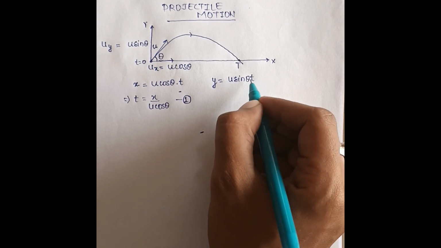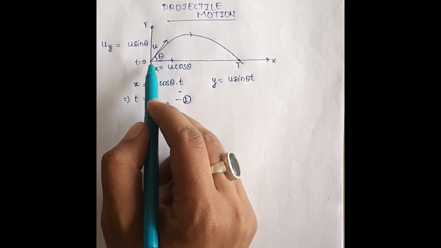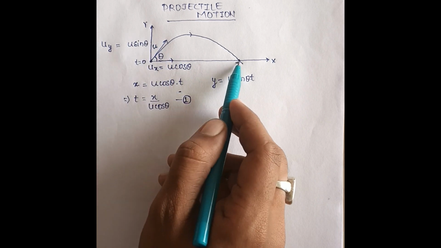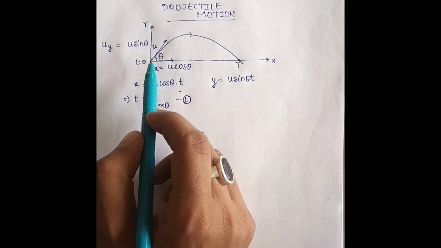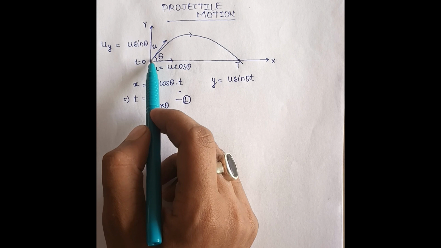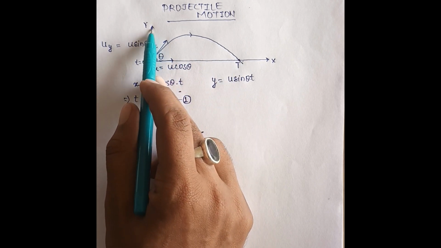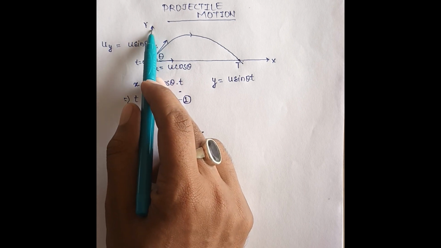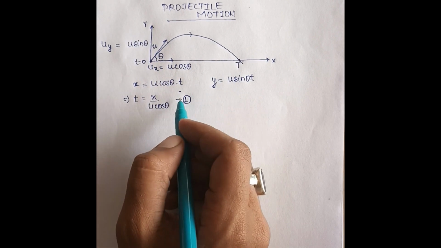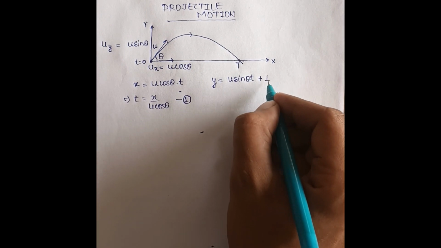It is again t, because the object has been thrown in the vertical direction and the horizontal direction, and both take the same amount of time, since we have only one object. If it takes 10 seconds to reach here in the x direction, it also takes 10 seconds in the y direction. Now here, plus 1 by 2 at square.